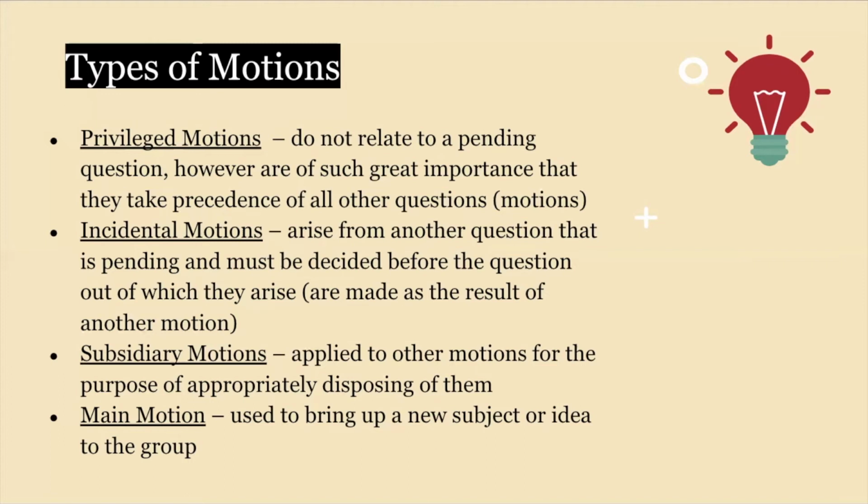So that is an incidental motion because it happens from a specific incident, which is the motion that was made before it. And yeah, we'll get into that in the next slides. But a subsidiary motion is exactly what it sounds like. It is something that applies to other motions for the purpose of appropriately disposing of them.